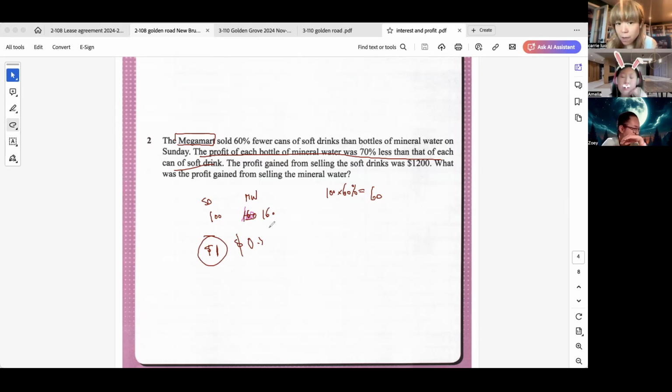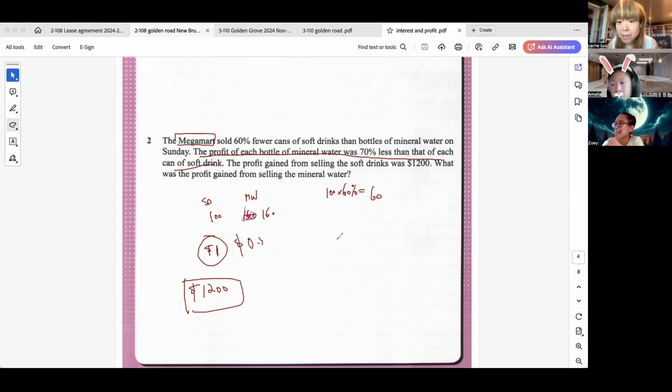Correct. The profit gained from selling the soft drinks is 1,200. What was the profit gained from selling the mineral water? Okay, so how do we get this 1,200? Let me ask you a question, Zoe.